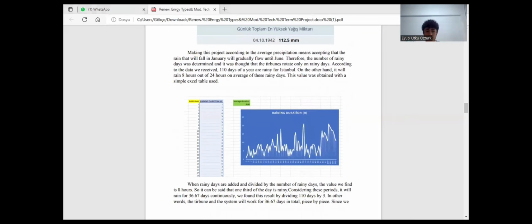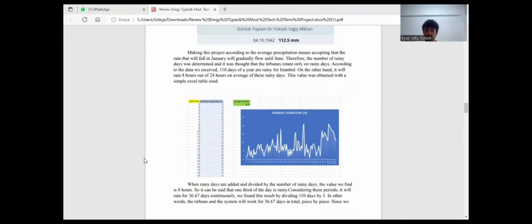On the wet days, it will typically rain for 8 out of every 24 hours. This number was produced using a straightforward Excel table. Rainy days add up to 8 hours when combined and divided by the total number of rainy days. So it may be argued that the day is rainy for one-third of the time.